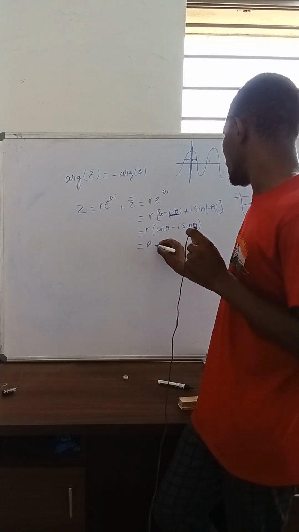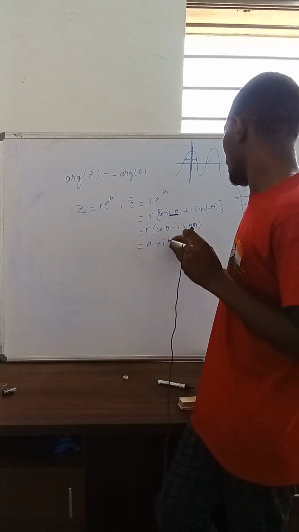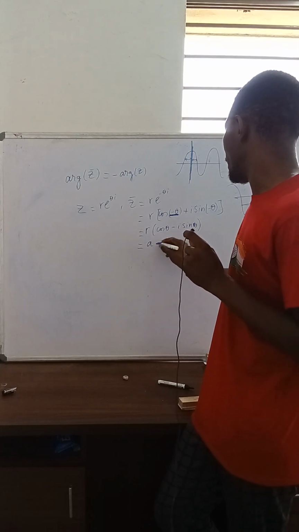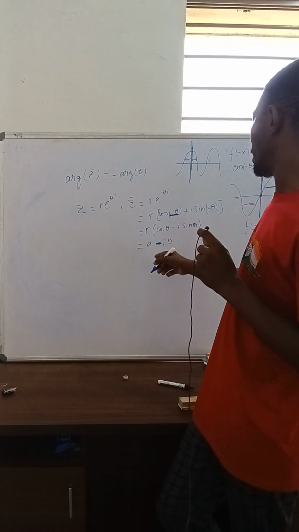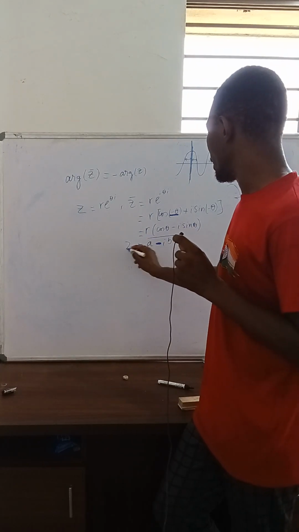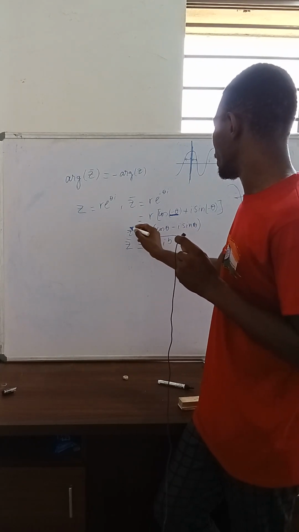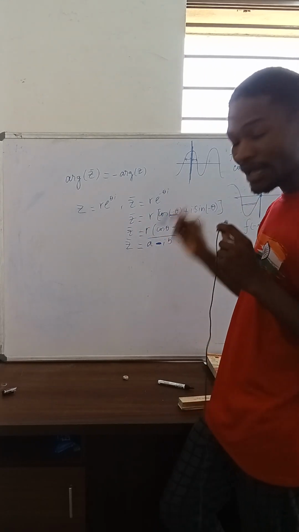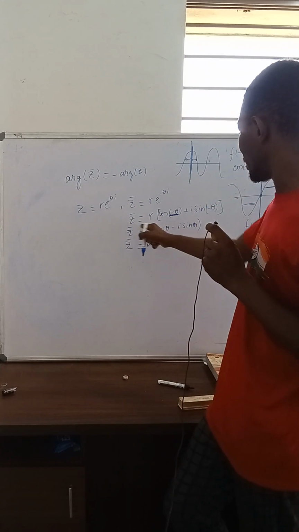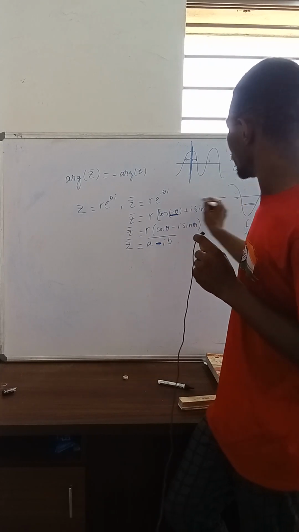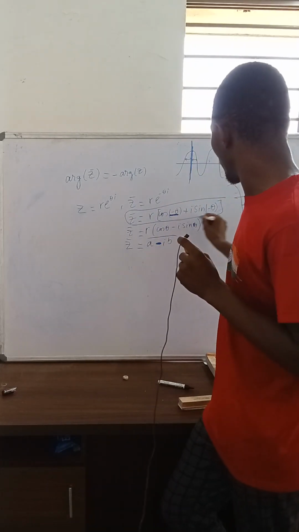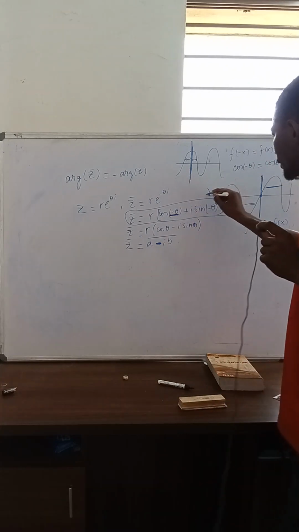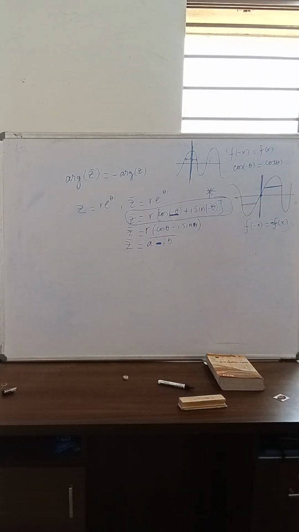Here you can see that this is a plus, minus ib. This can be written like this. As you see, this one is z dash, this one is z dash, and this one is z dash. What is the argument for this z dash? Minus theta, as you can see like this.